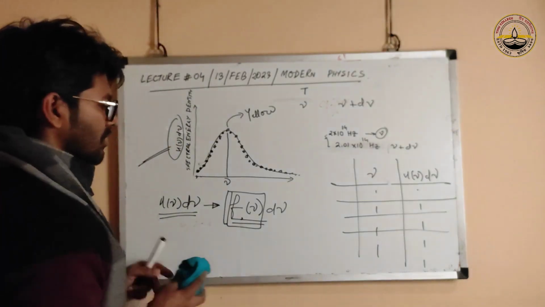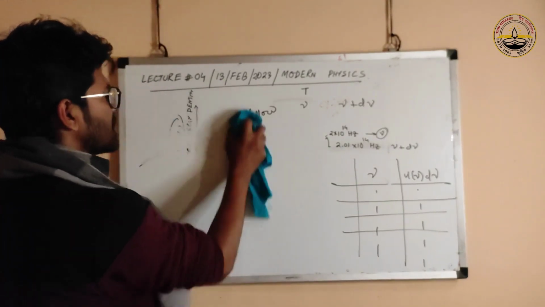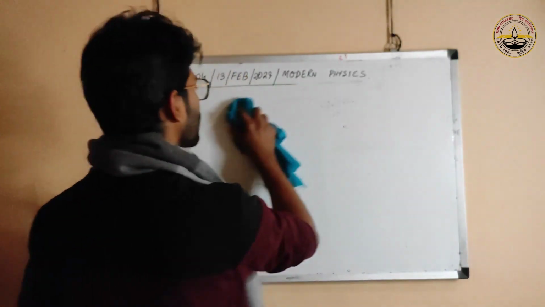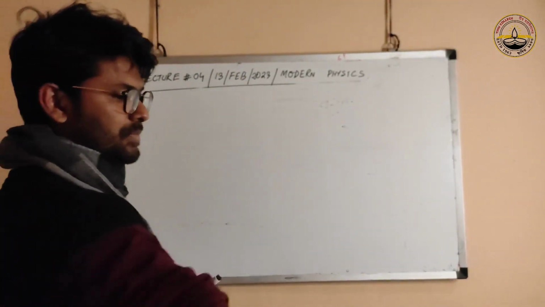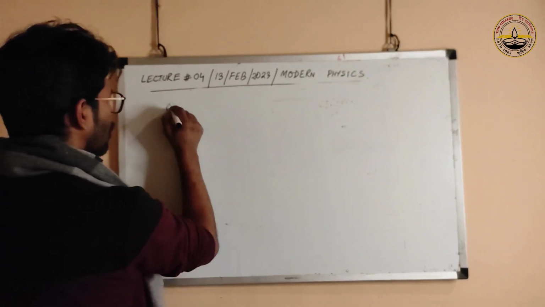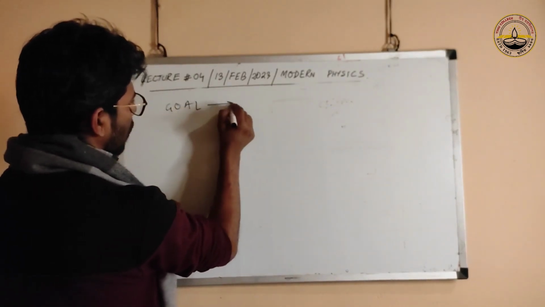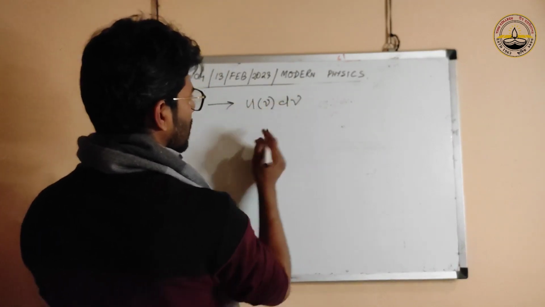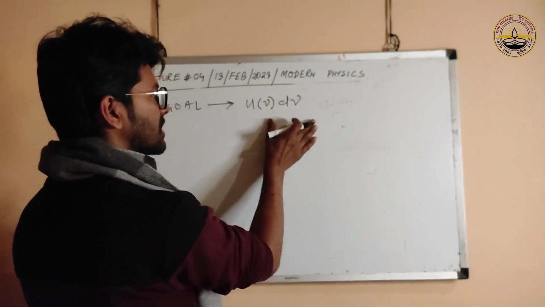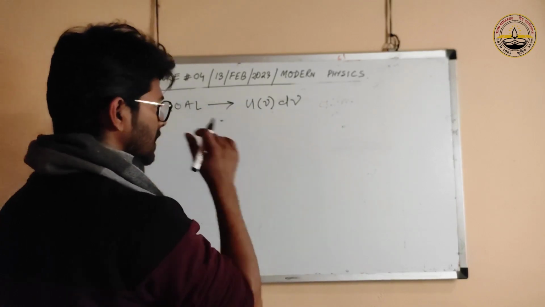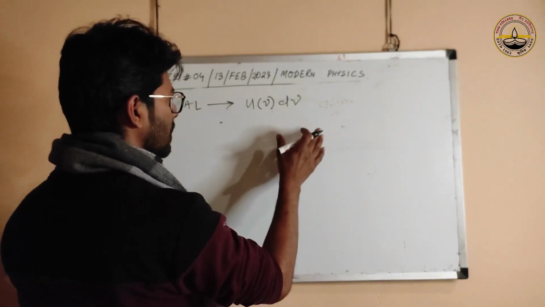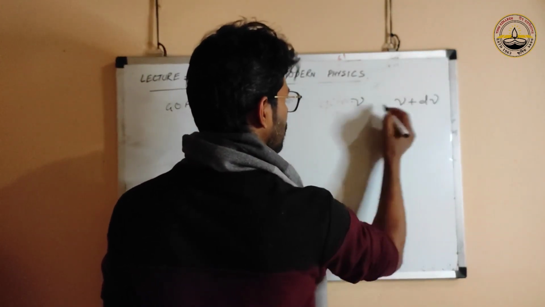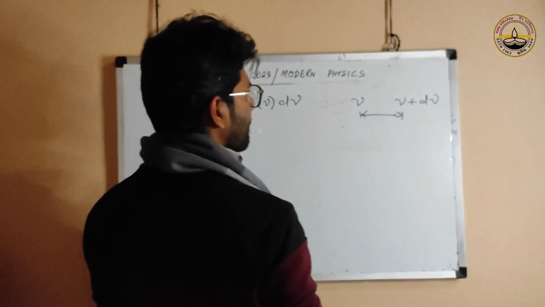So classically, Rayleigh-Jeans tried to do that. Their approach can be broken into a few steps. First of all, the goal. The goal is to find out this thing, which is spectral energy density, energy radiated per unit volume in the frequency range nu and nu plus d nu, okay?